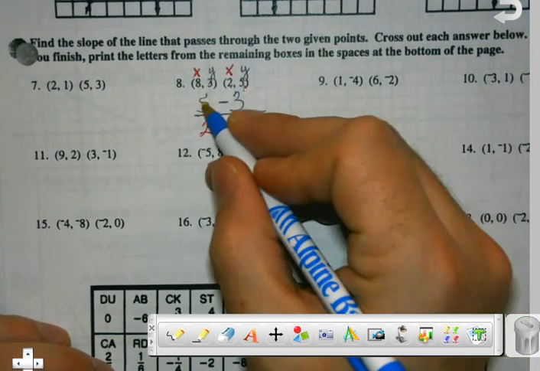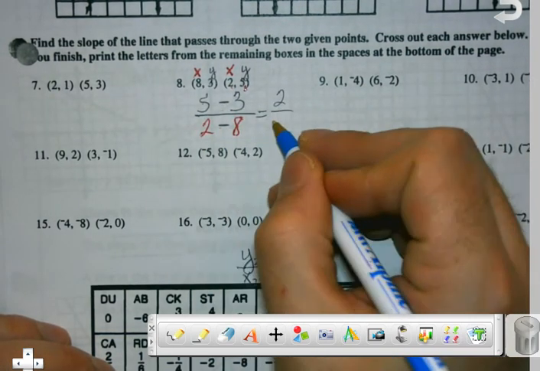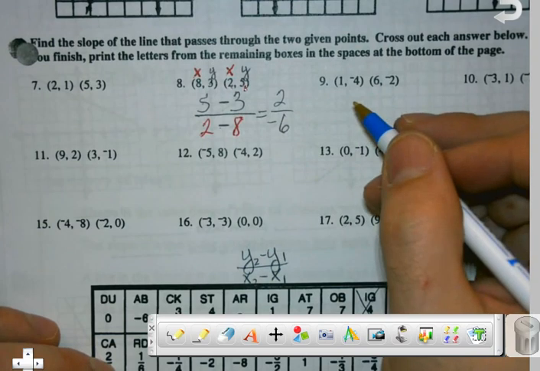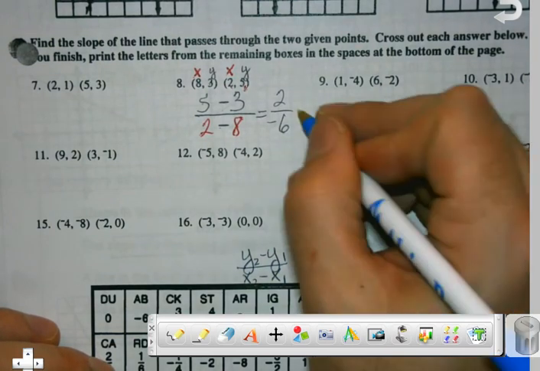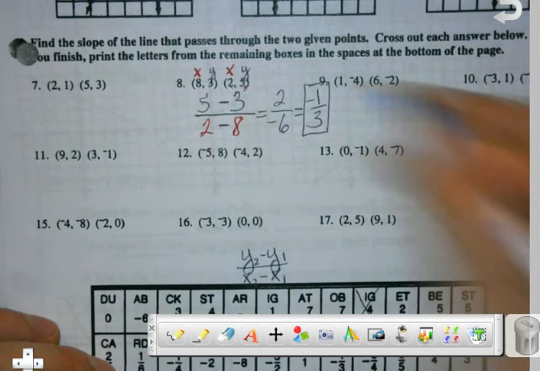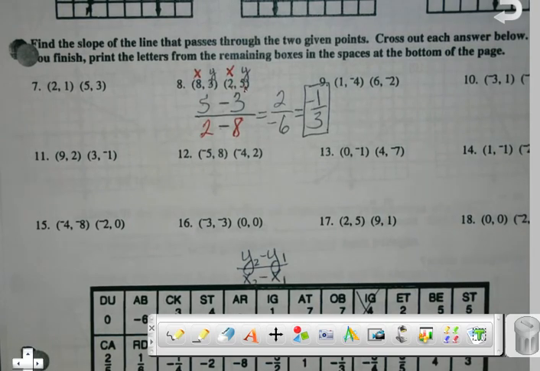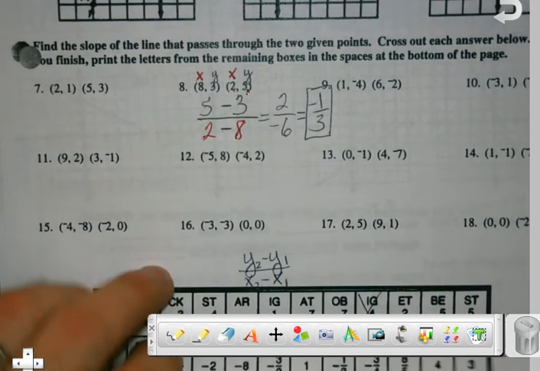And then just simplify. 5 minus 3 is 2. 2 minus 8 is -6. And reduce the fraction. And I'm good. So that whole bottom part, that's the way this is going to work. I just used that formula, a couple of quick things, and I'm good to go.